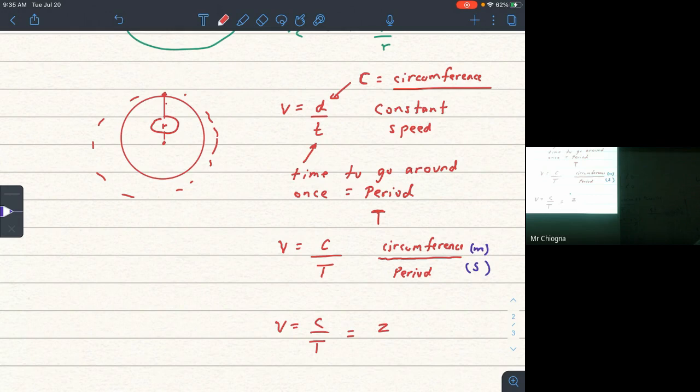Two times pi times r. That's the equation of the speed in terms of the radius and period. So proper units, yeah. Radius is meters, period is seconds.